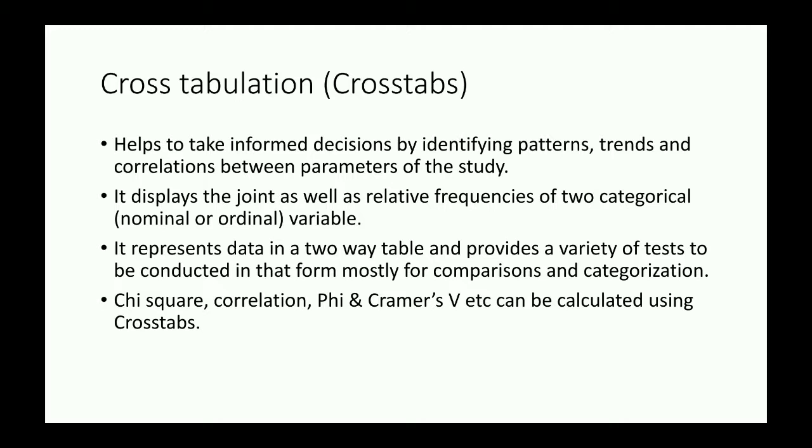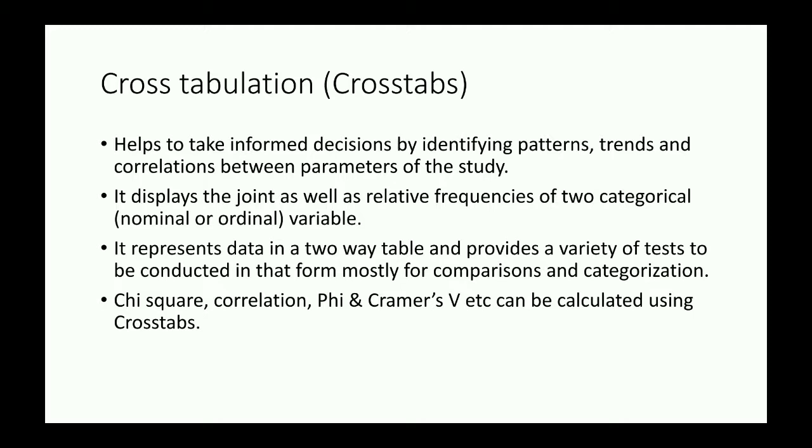Crosstabs is a method, or a technique, used for presenting two variables in a cross tabular manner, where the variables are represented through different rows and columns, and you can apply some basic tests on it. It helps to take informed decisions by identifying the patterns, trends and correlation between parameters of the study.